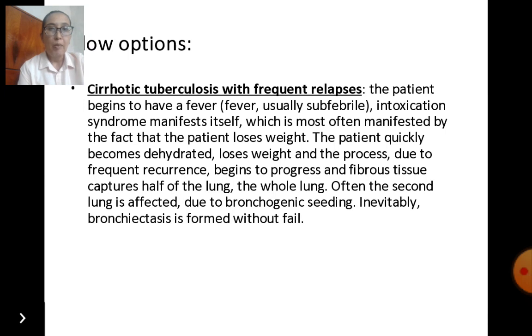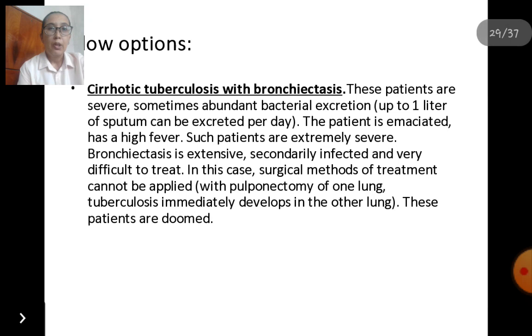The patient quickly becomes dehydrated, loses weight, and the process, due to frequent recurrence, begins to progress, and fibrous tissue captures half of the lung or the whole lung. Often the second lung is affected due to bronchogenic seeding. Inevitably, bronchiectasis is formed without fail.